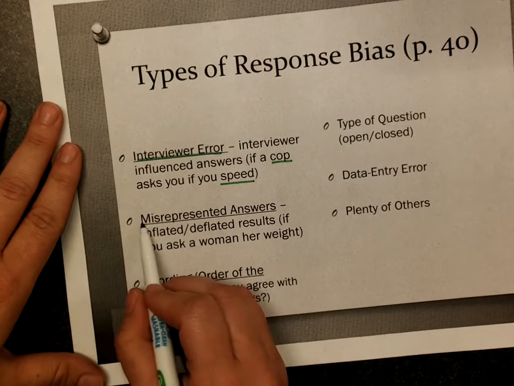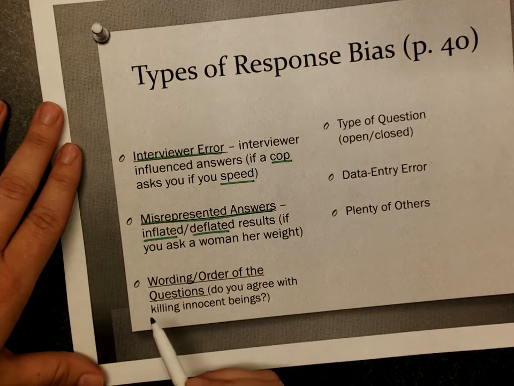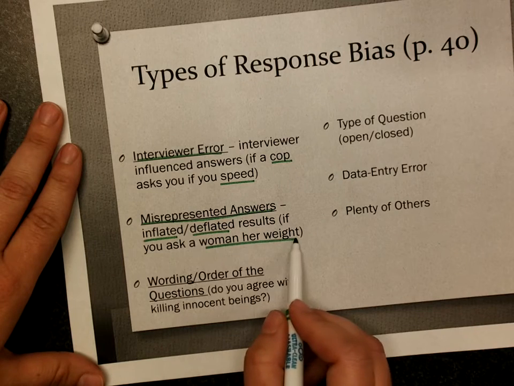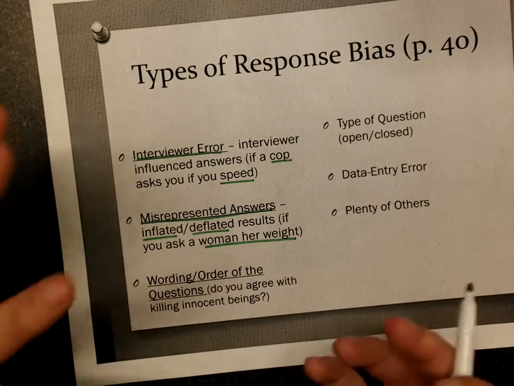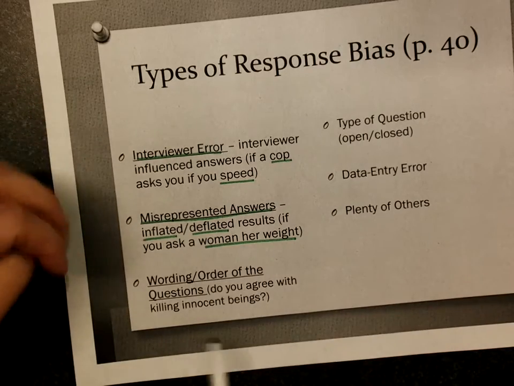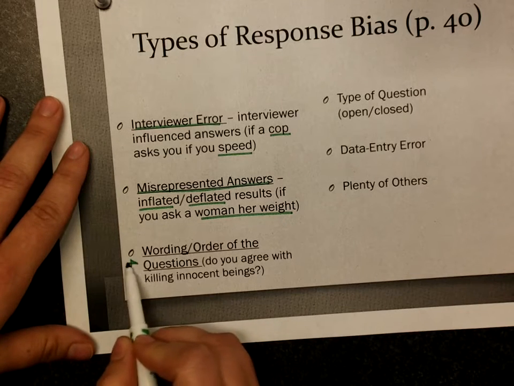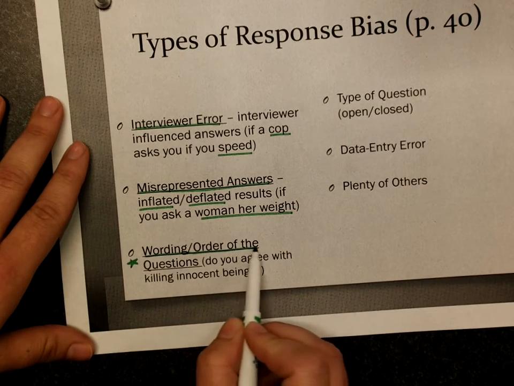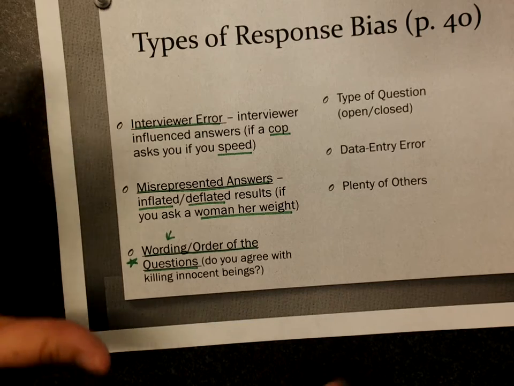There's also misrepresented answers, inflated or deflated results. If you ask a woman her weight, that's one where we might deflate our response. And so you can kind of fudge your numbers a little bit and misrepresent your answers. There's also, this is a big one, the wording or order of the questions. So wording is a very big deal.